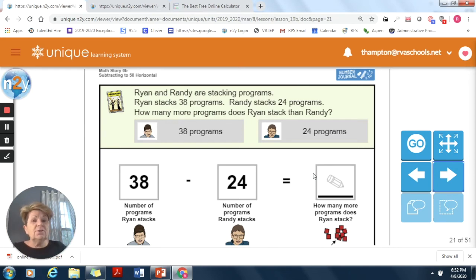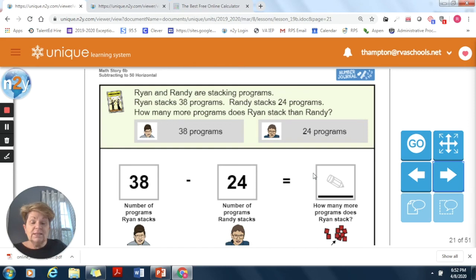Now we'll get to the calculator in a little bit, but let's always try to work it out on paper before we go to the calculator. All right, so we have 4 and 4, and we know we have 8. And we take away 4, we know we have 4 left. So we have 4 ones or 4 tens? We have 4 ones.